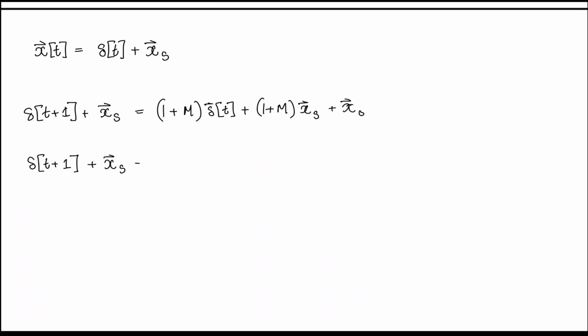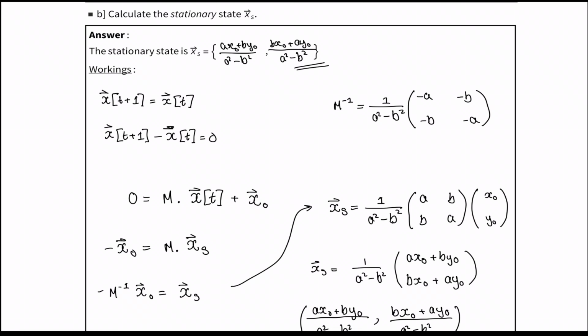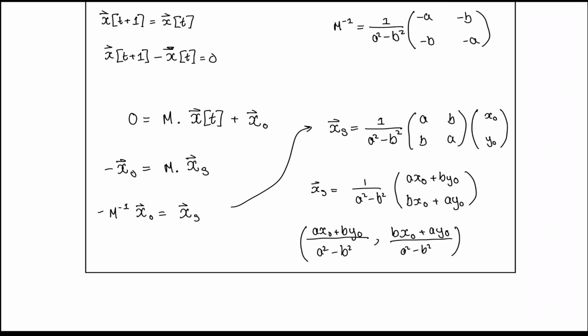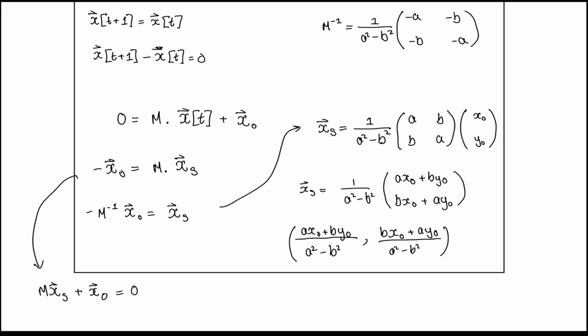Expanding everything out, we get this. So we can cancel out these two. They're both equal, so they're going to cancel out. And if we look at this, previously, to work out the stationary state, we had this equation, which we can write as m multiplied by the vector xs plus the vector x0, which is going to be equal to 0.